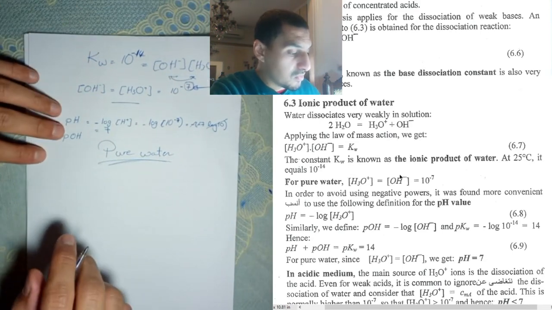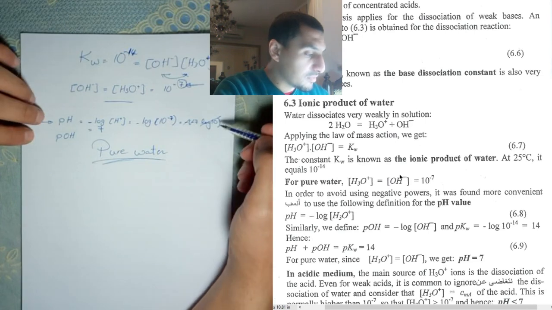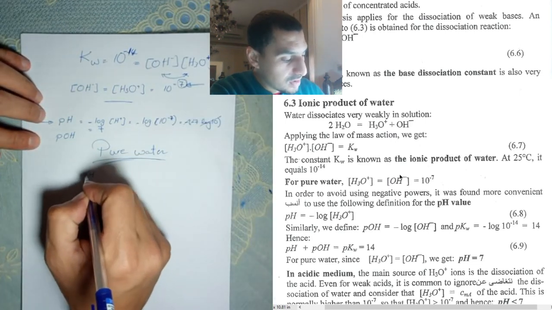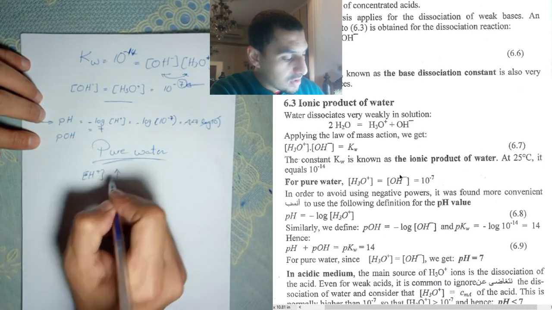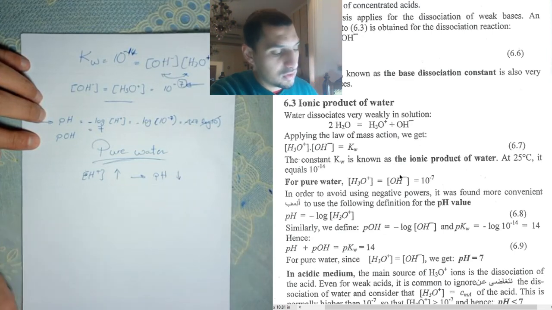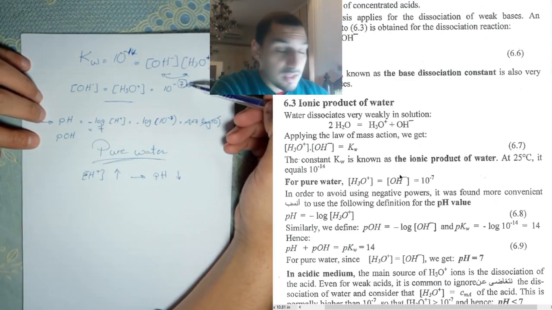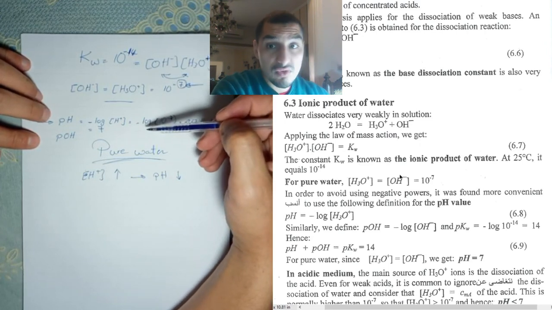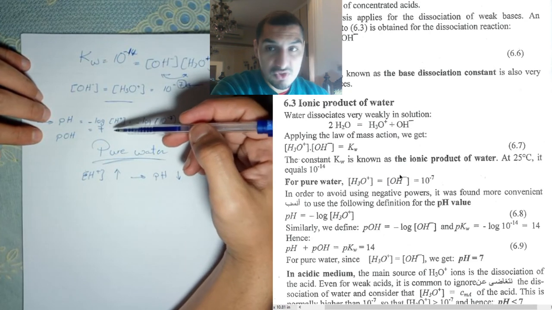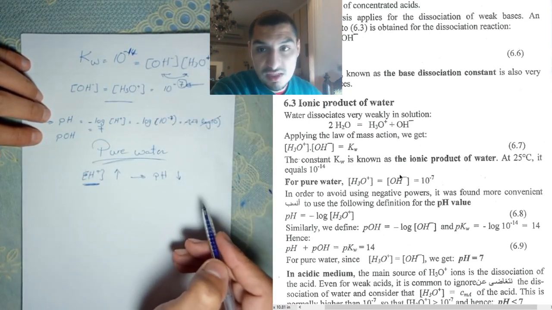So we have developed a new scale. Of course, before I skip this point, if the concentration of hydrogen ions is higher, the pH would be lower. For instance, if it's 10 to the minus 3, then the pH will be equal to 3. If it's 10 to the minus 2, then the pH is going to be 2. So as the concentration of hydrogen ions increases, the pH will decrease.